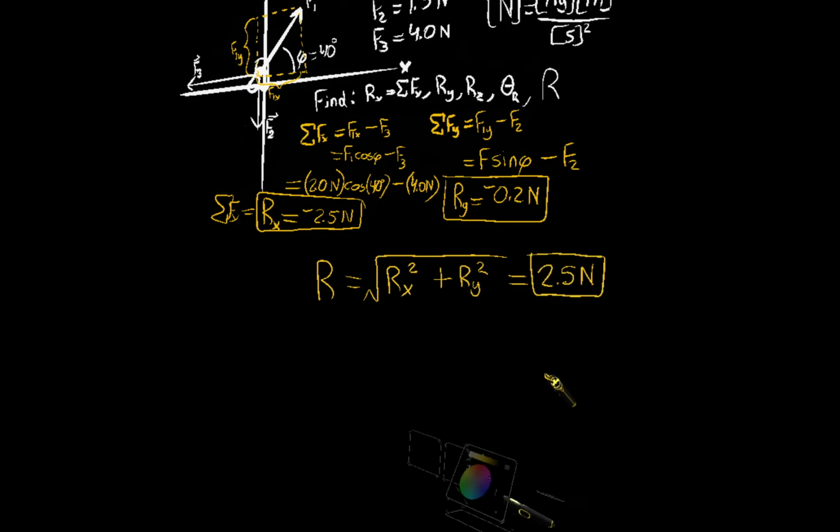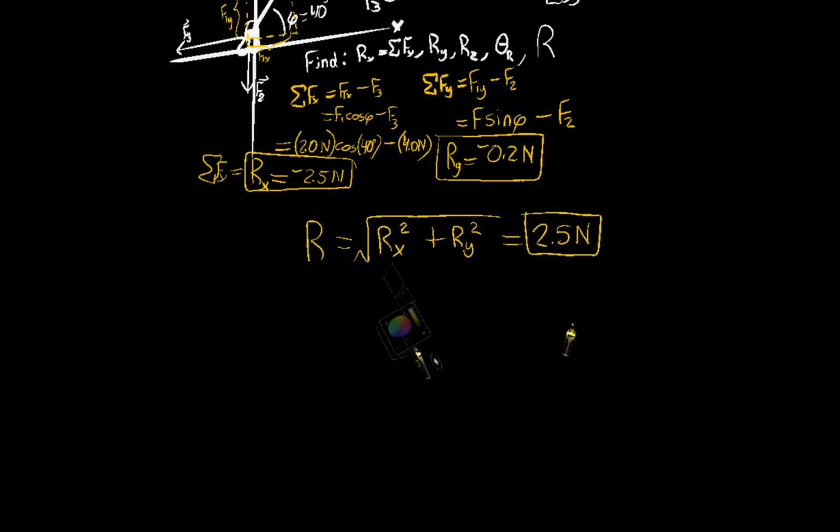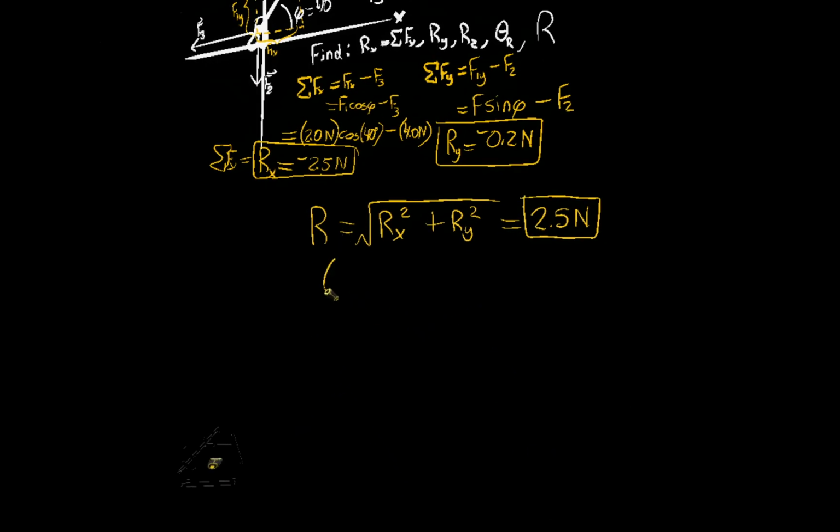That would be R, the magnitude of the resulting force vector. And then if you want to find the angle of R, so I kind of denoted it this way, that would be equal to the inverse tangent of Ry over Rx.